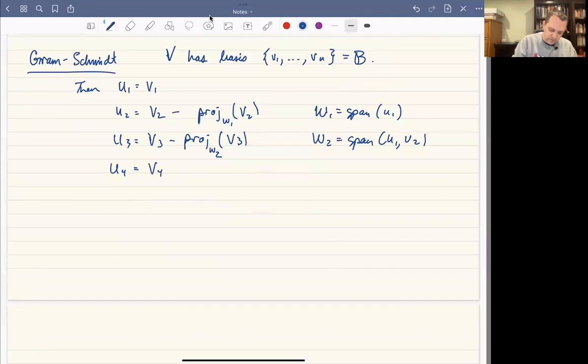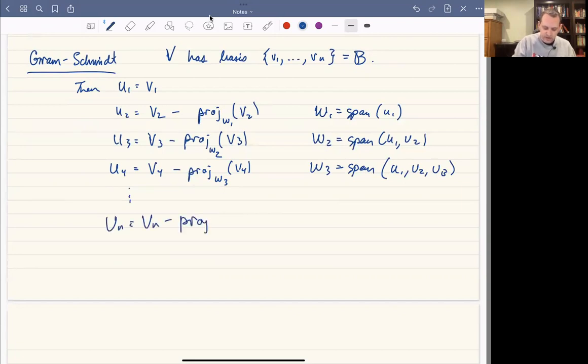U4 is V4 minus the projection of V4 onto W3, where W3 is the span of U1, U2, and U3, and so on. Eventually you get to Un, which would be Vn minus the projection of Vn onto the corresponding subspace from one step up. Here W(n-1) is the span of the vectors U1, U2, U3, all the way up to U(n-1).